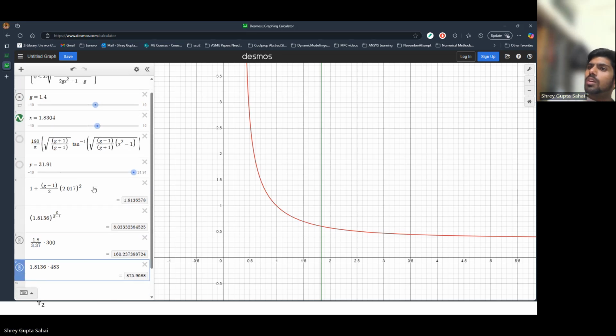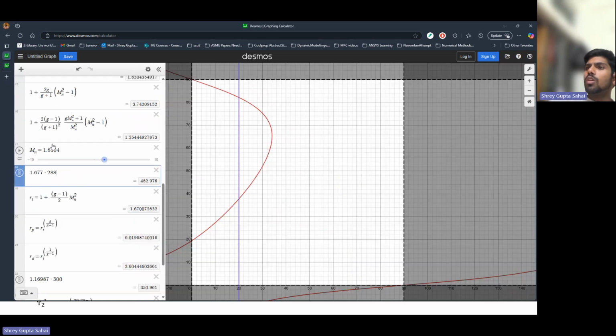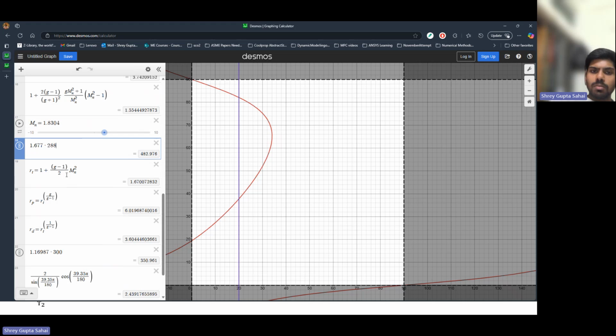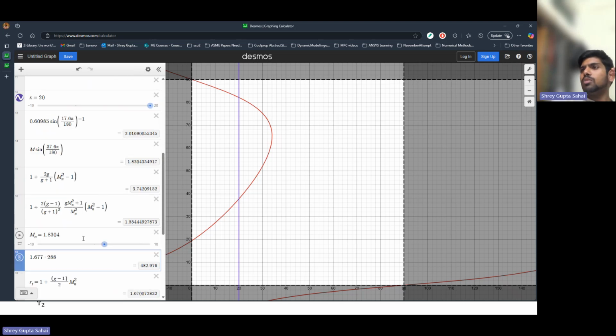So here, P2 by P1, right? Normal shock, RP, MN1 is 1.8304, RP is 6 times. Something is wrong. I'm using this wrong one. No, this is the relation. It's not this one, this is the ratio. So this is 3.74. Let me correct that.